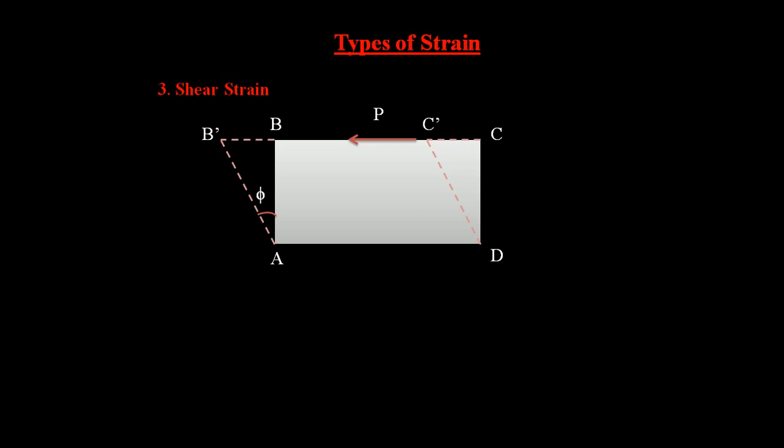Okay, so based upon this, again we can define the shear strain. Strain produced by the shear force is called shear strain. Sorry, here I am giving the definition, that is the strain produced by the shear force.